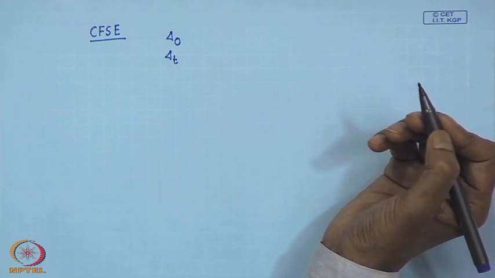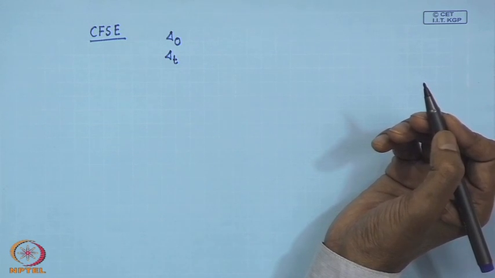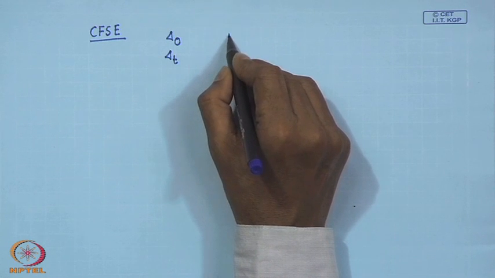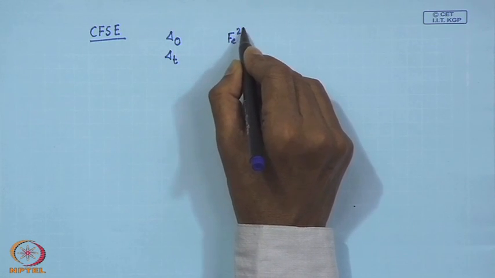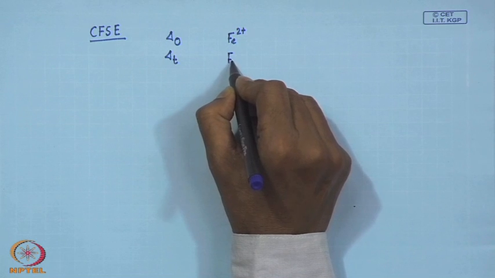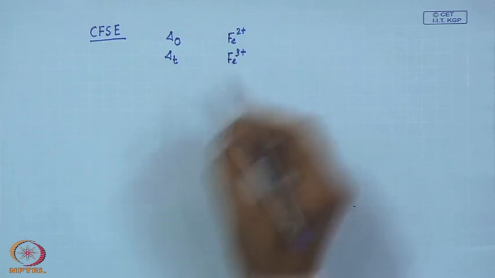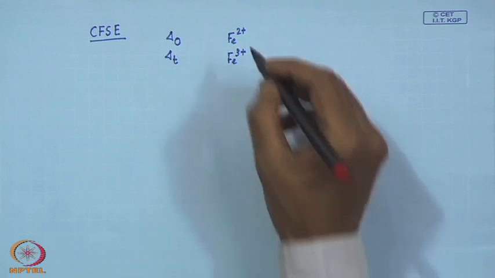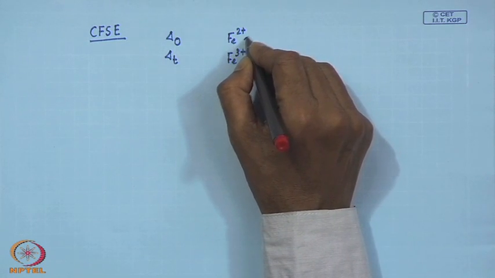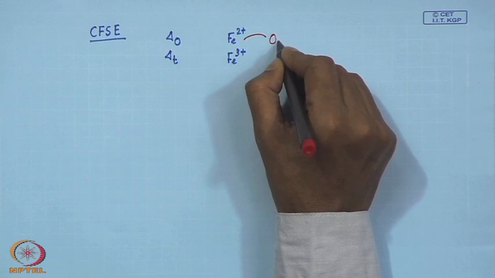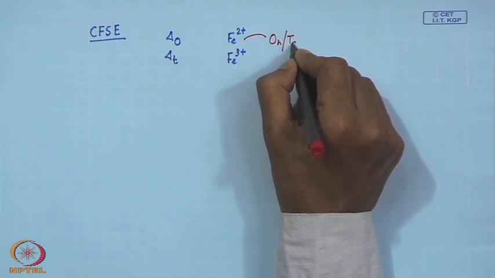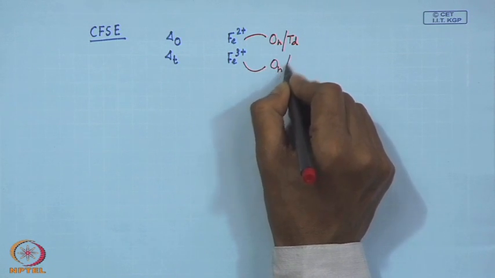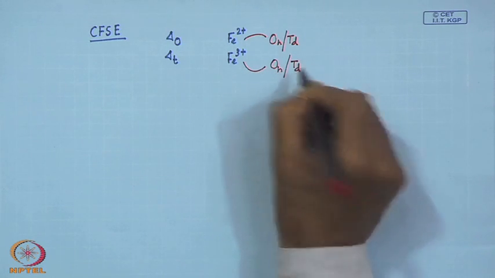The tetrahedral crystal field and the octahedral crystal field will tell us where we can place the metal ion such as Fe2+ or Fe3+ in two different oxide environments. That means, the geometry we can have is either octahedral or tetrahedral for this, or in the case of these also either octahedral or tetrahedral.